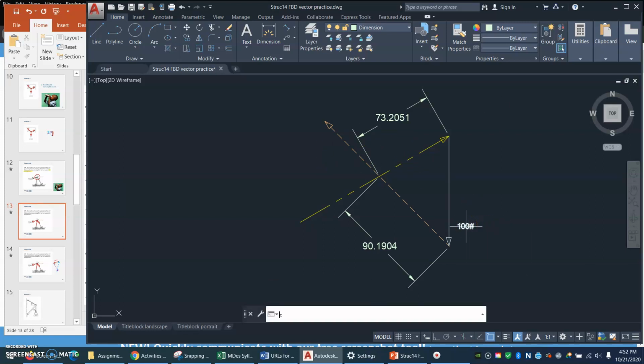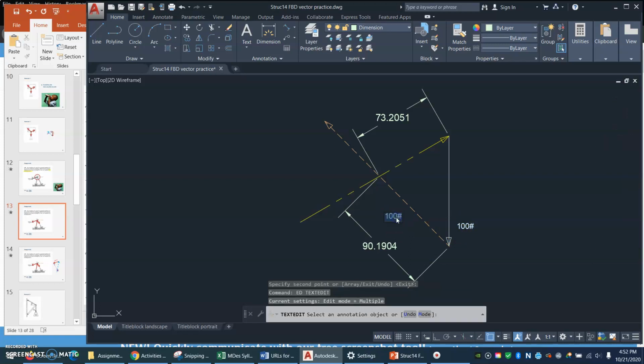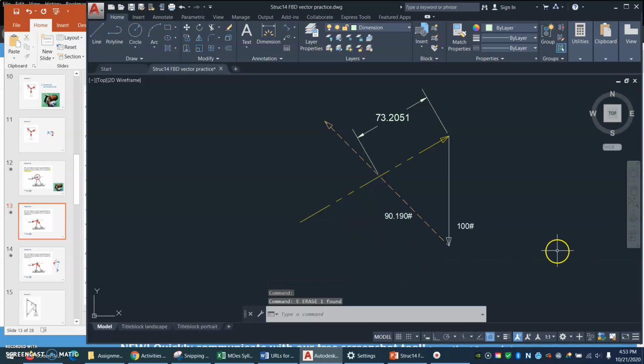And now I might get some text. I might just get some text here and be cool and copy this over here, and I might go 90.190 pounds, and then I can delete my dimension. You can use the dimension.